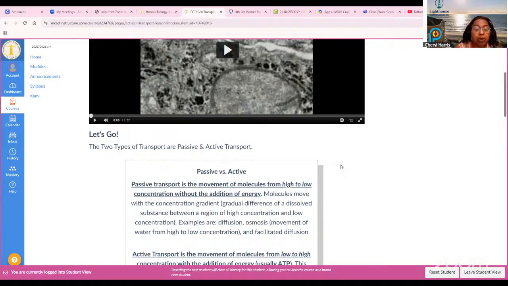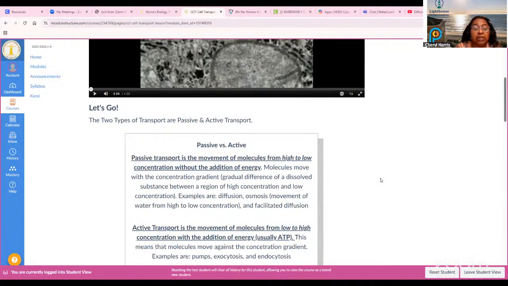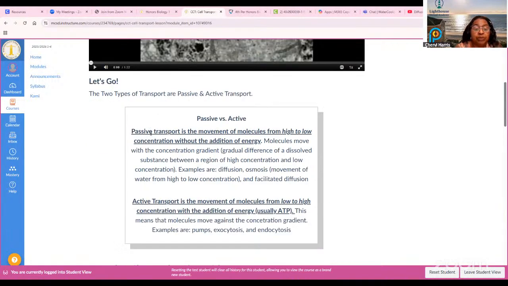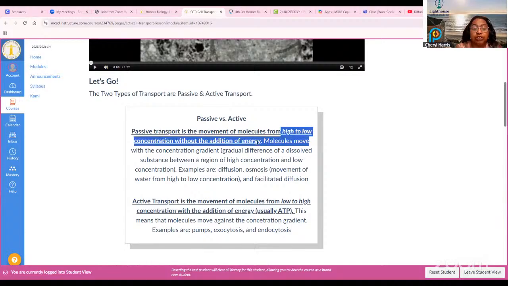But the important part with this is that passive transport is the movement of molecules from high to low concentration without energy. All right, so that's like you sitting back in your chair and everything being done, and you didn't have to lift a finger. Okay, that's what they mean by passive.